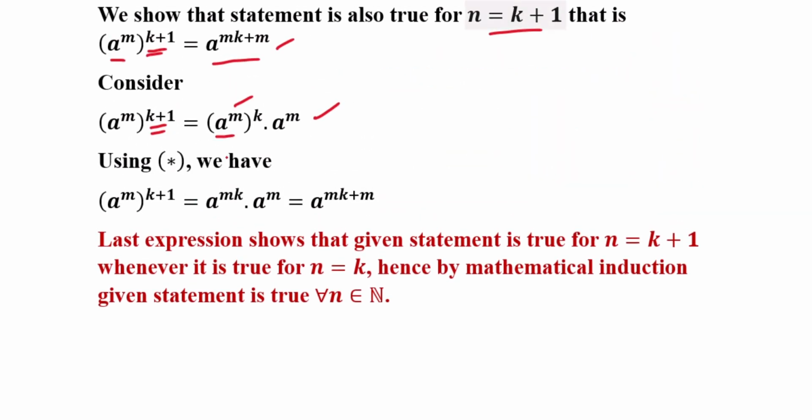So substituting the value, this is equal to a raised to power mk. Now combining these two factors, we have a raised to power mk plus m. So the last expression shows that the given statement is true for n is equal to k plus 1 whenever it is true for n is equal to k. Hence, by mathematical induction, the given statement is true for every positive integer.